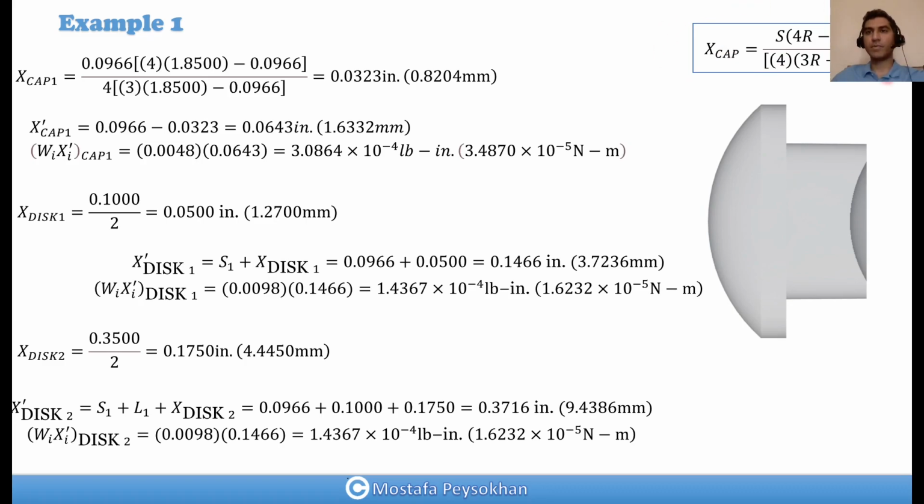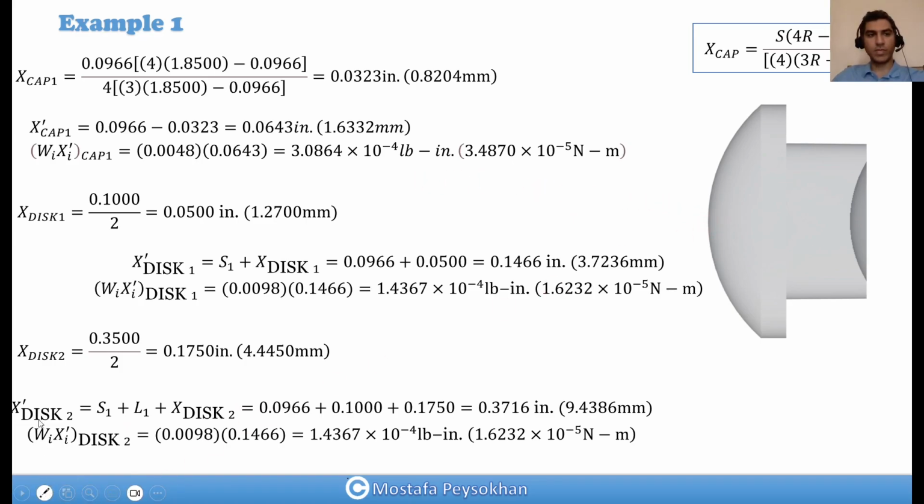So for x prime, we have S, which is 0.0966, minus this distance, which is x cap 1, that we calculated as 0.82 millimeter or 0.03 in inches. So we subtract these two numbers to find x prime cap 1.